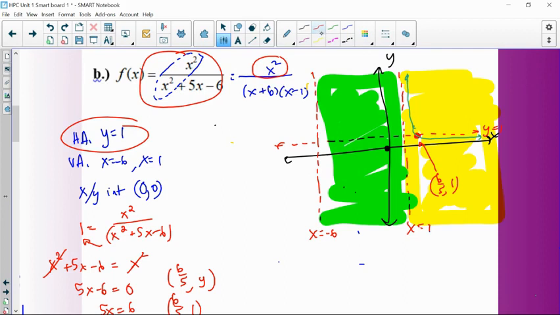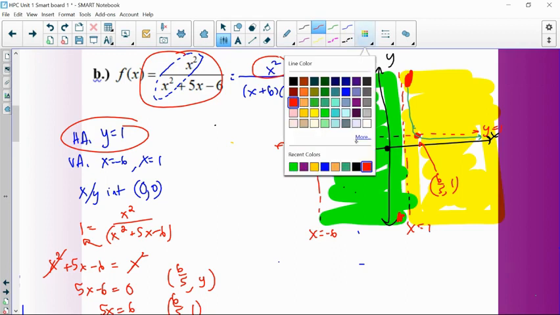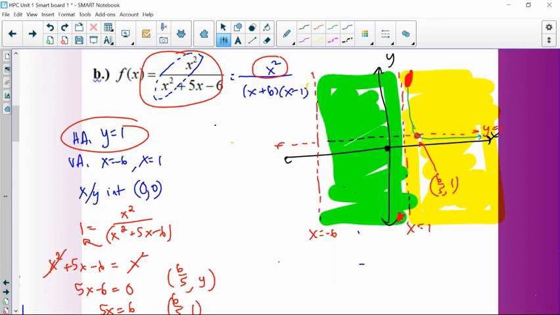So if I'm on the upper part of the asymptote here, I'm going to be in the lower part down here. And I know I had to hit this point, and I can't cross this asymptote anymore because it only crosses once. And I know that the multiplicity of that factor is squared, so it's even, so it's going to just bounce right back on down. So it's going to do something like this, because it has to touch that point and come back down. So we have this part of the graph.